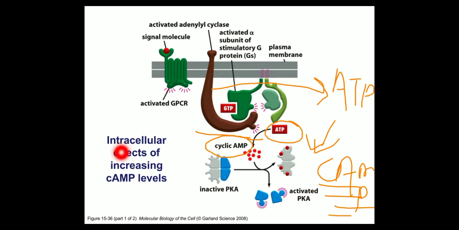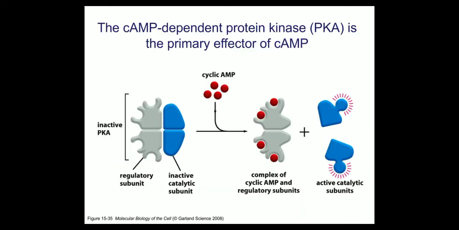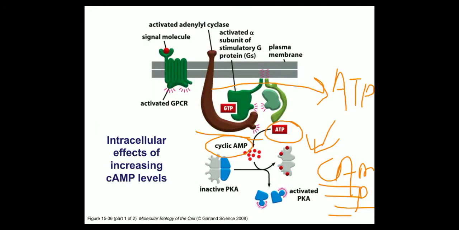The intracellular effect of increasing cAMP levels. Now let's see what actually happens after the conversion of ATP to cyclic AMP. If we see here, this cyclic AMP will bind to some other kinase proteins.